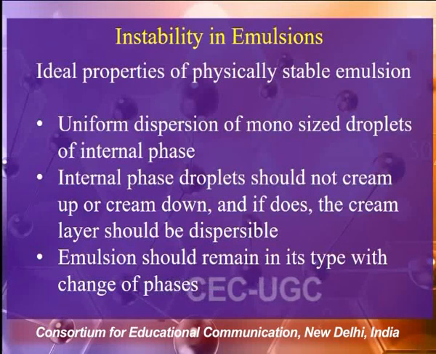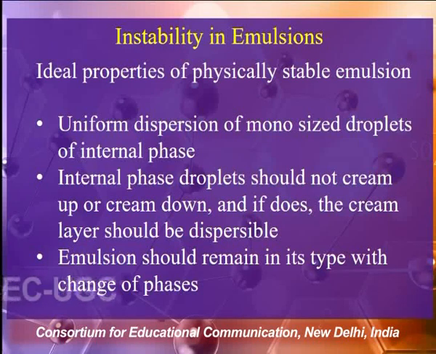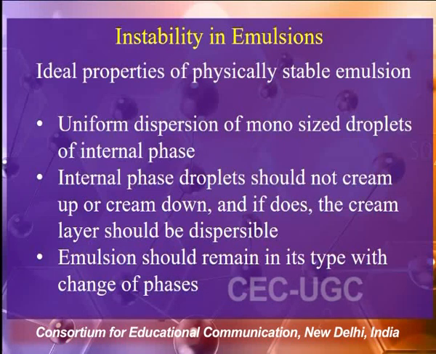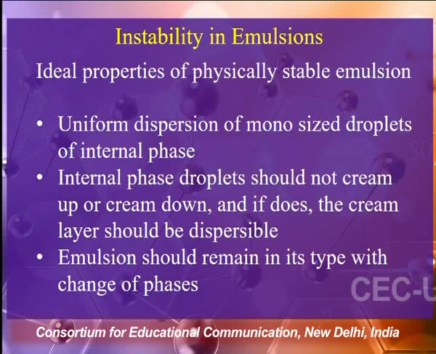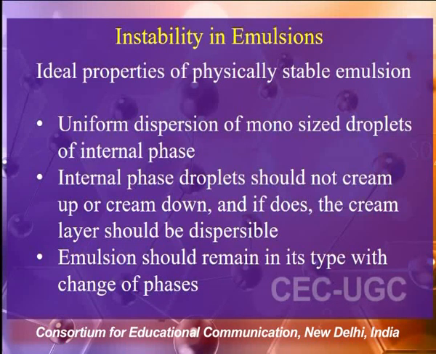The internal phase, whatever it is, whether oil or water, has to be a mono-sized droplet, a very fine size droplet, mono-size individual entities, and it should be dispersed uniformly throughout the dispersion medium. If this condition is seen, then the system is referred to as a stable preparation.